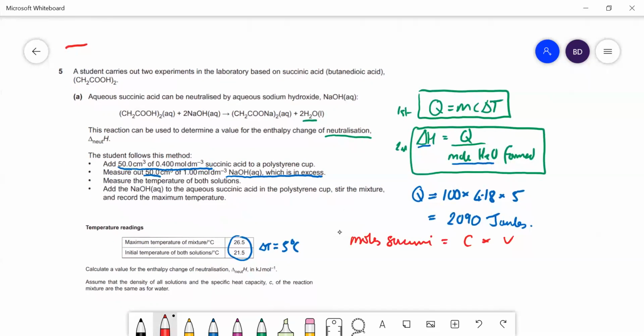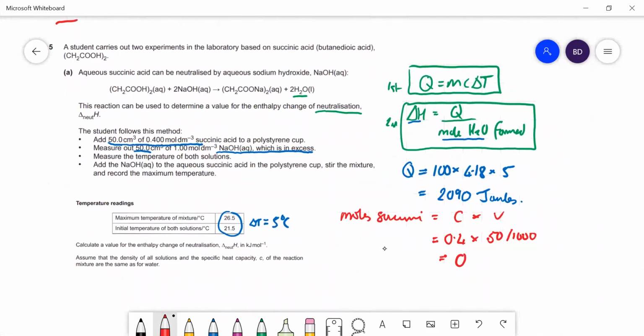The concentration is 0.4 and the volume is 50 over 1,000, to convert that to dm cubed. That gives us 0.02 moles of succinic acid. But we need to find out the moles of water. Every time we use up 1 mole of succinic acid, we make 2 moles of water. So therefore the moles of H2O formed is equal to 0.02 times 2, which is 0.04.